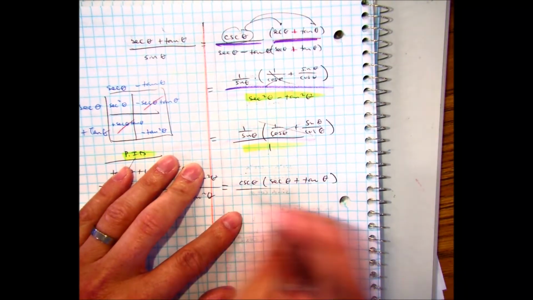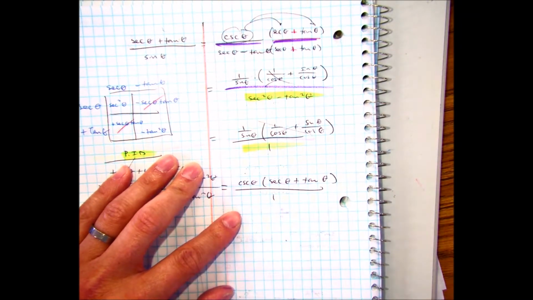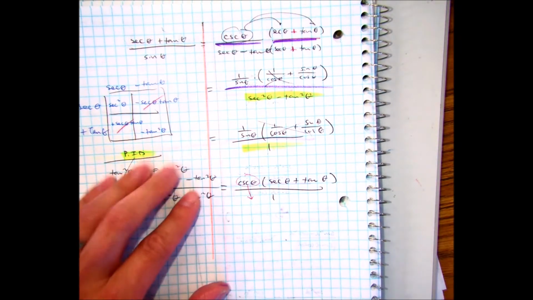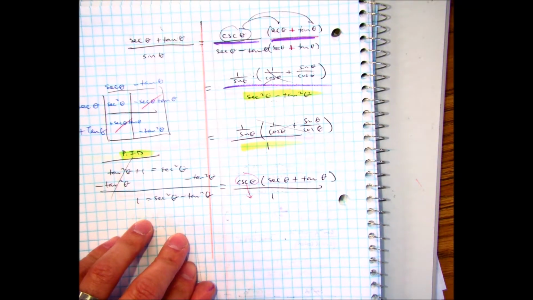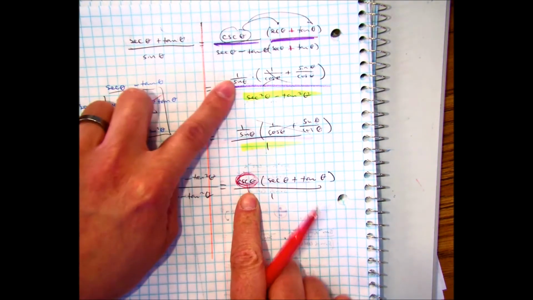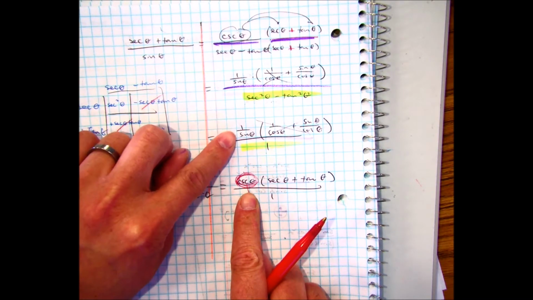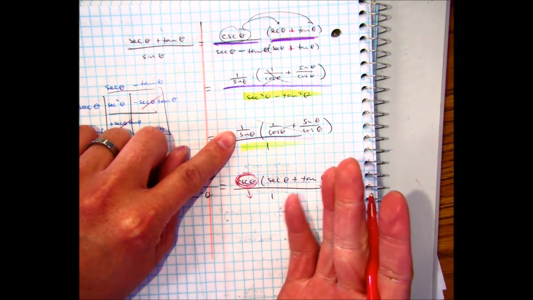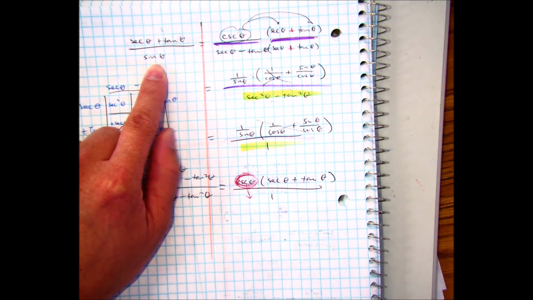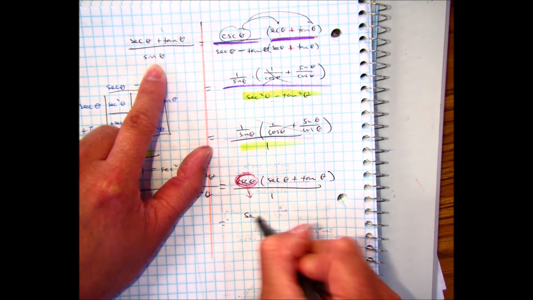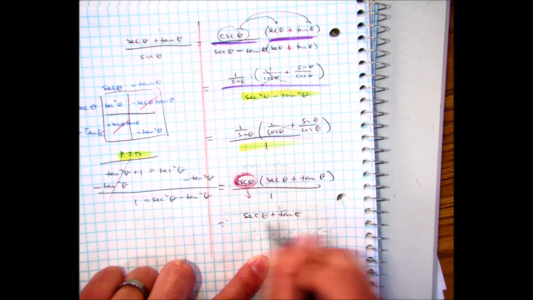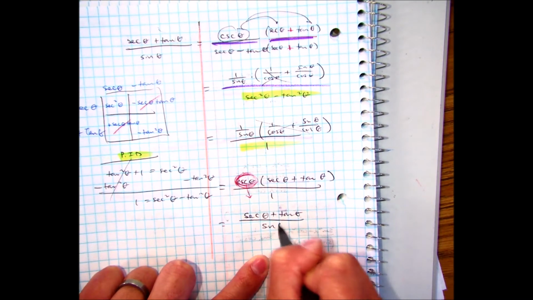Well, if I make this a fraction, how do I bring this one down? What does that become? We already said it. 1 over sine. But where's the sine? On the bottom. So your answer is secant of theta plus tangent of theta all over sine of theta.